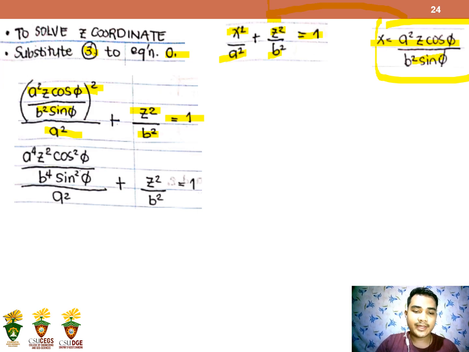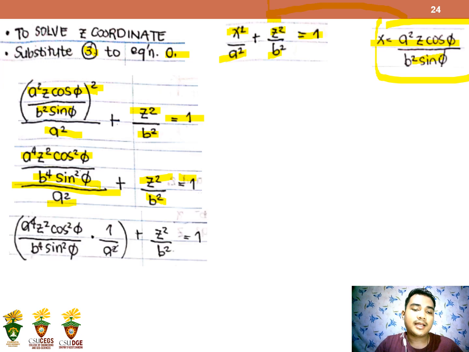So therefore, we can have a raised to the power of 4 z squared cosine squared geodetic latitude all over b raised to the power of 4 sine squared geodetic latitude, all over a squared plus z squared over b squared is equal to 1.